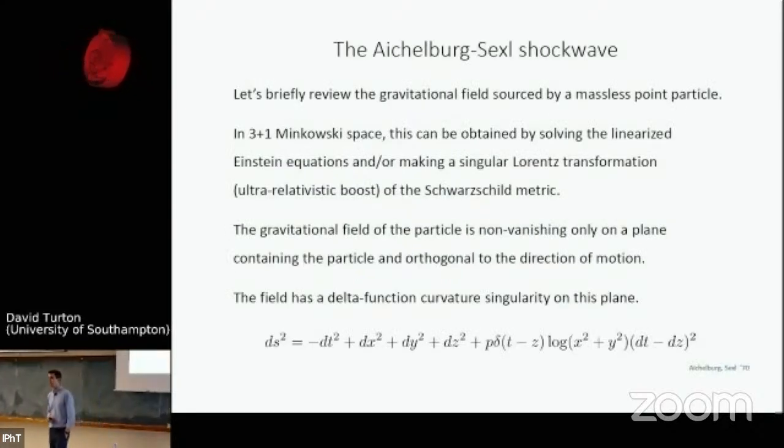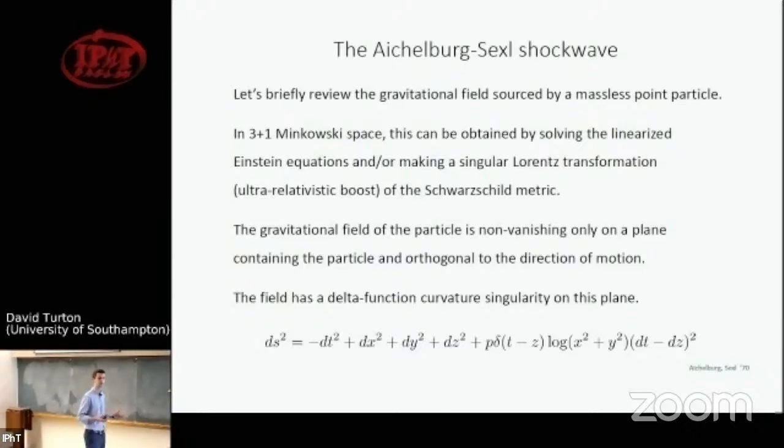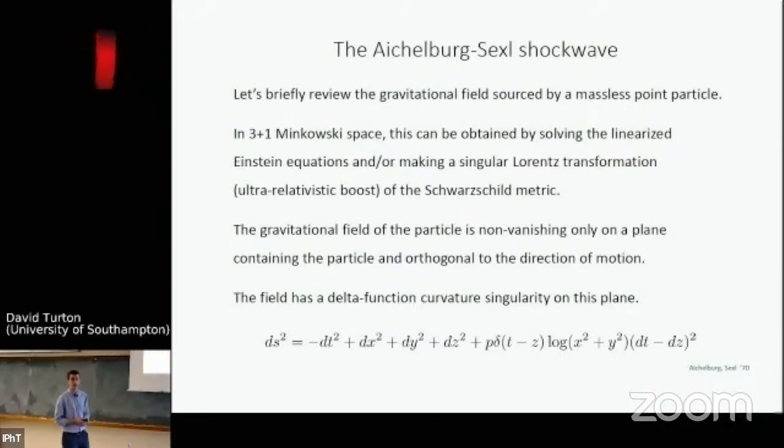So this original Aichelburg-Sexl shockwave arose as the back reaction of a massless point particle in 3+1 GR. You can find the solution either by solving the linearized Einstein equations or by making an infinite boost of the Schwarzschild solution.